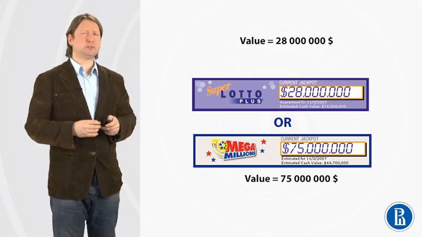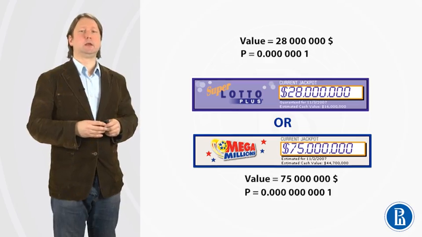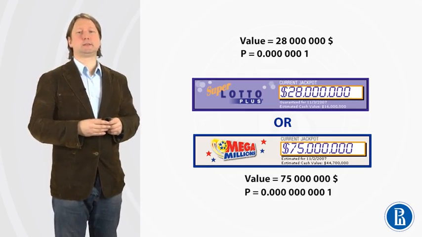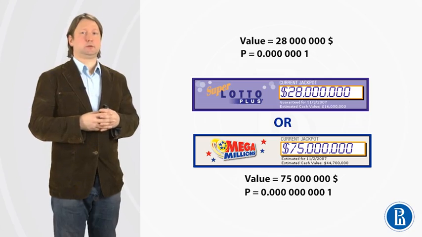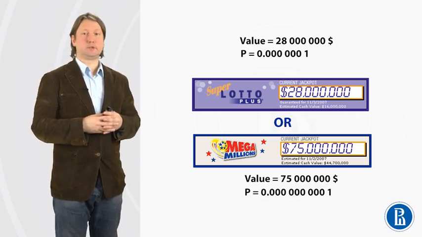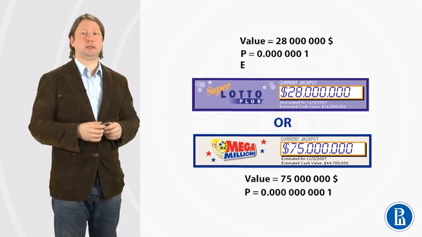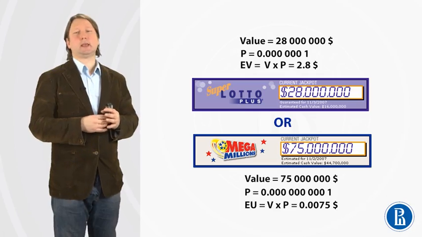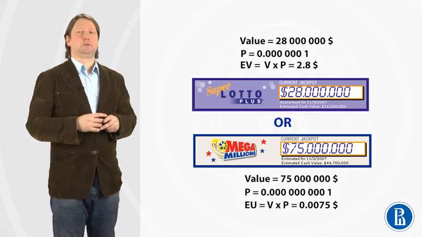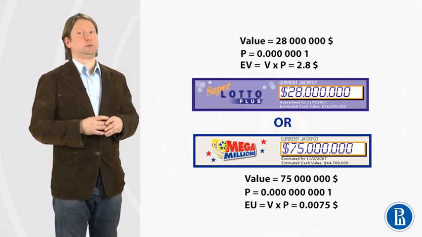But if I tell you the number of tickets issued in this lottery, in this case the chance to win the first lottery is 1 to 1 million, and for the second lottery the chance to win is 1 to 1 billion. Which lottery ticket would you take? If you simply multiply values by probabilities, you can see that the expected value for the first lottery is higher than for the second one.